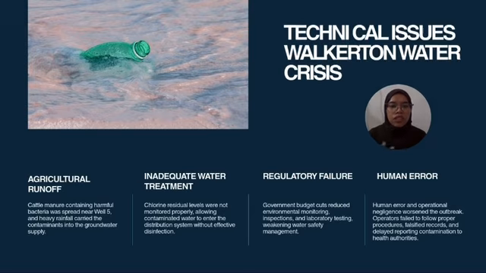The government's budget cuts reduced environmental monitoring, inspection and laboratory testing, weakening water safety management. Infrastructure deficiencies also contributed to the crisis because Well 5 was poorly designed and lacked proper protective barriers against contamination. Finally, human error and operational negligence worsened the outbreak. Operators failed to follow proper procedure, falsified records and delayed reporting contamination to health authorities.